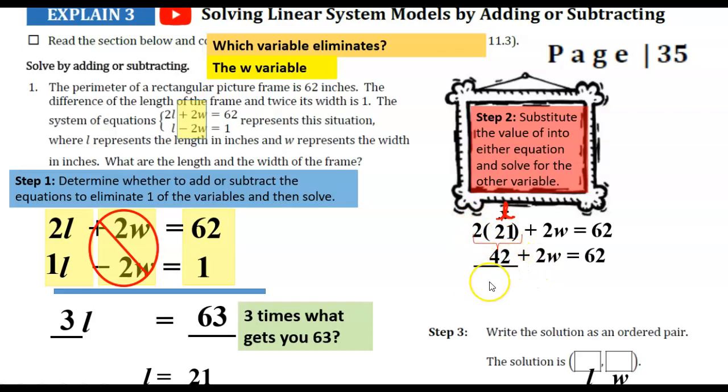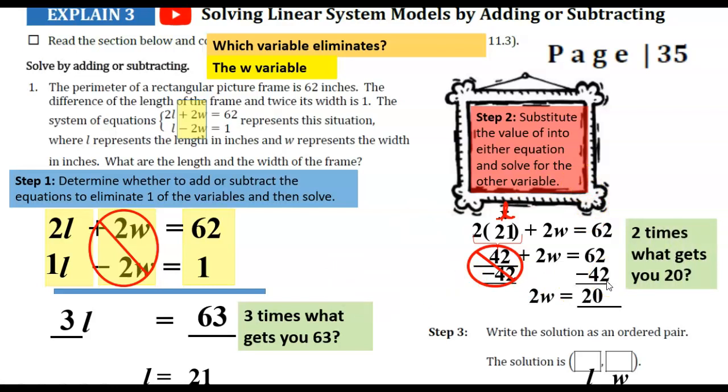What's the opposite of a positive 42? Negative 42. That cancels out. 2W equals, what's 62 take away 42? 20. And think about it. 2 times what gets you 20? Hopefully you got 10. So that means our length and our width are as follows.